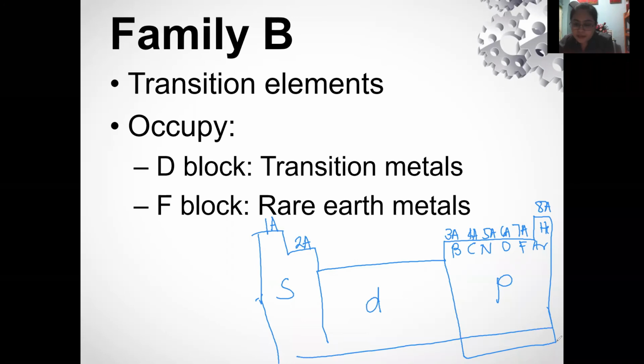And, di ba sa periodic table, merong rows sa ilalim. At yun yung F block natin.